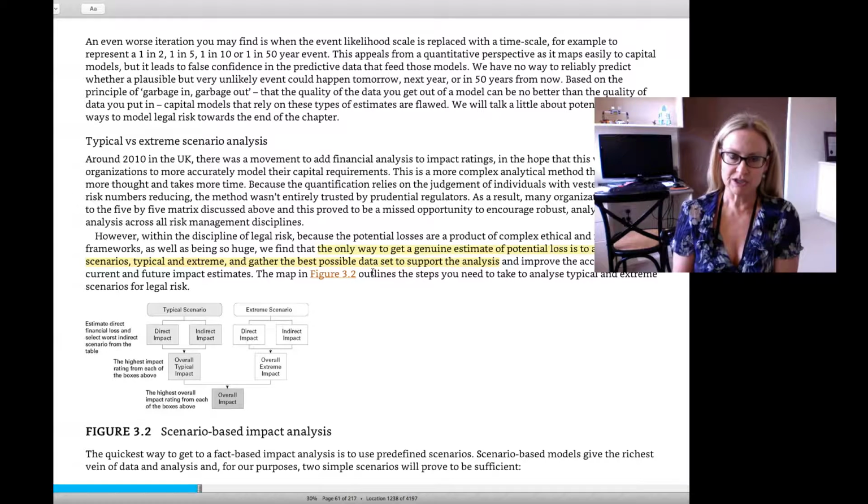Again, you're looking at your direct impact, the consequences there, and the indirect impact, and you're measuring this in terms of financial loss. Again, you're assessing the overall extreme impact, and then you're kind of moderating the two and saying, well, what is the overall impact of this risk?